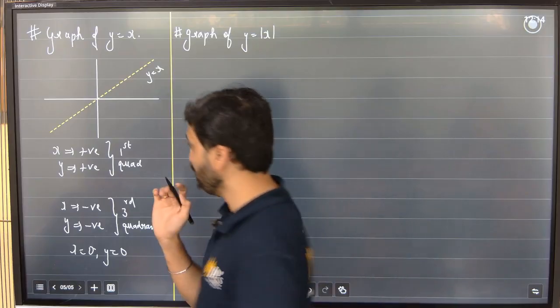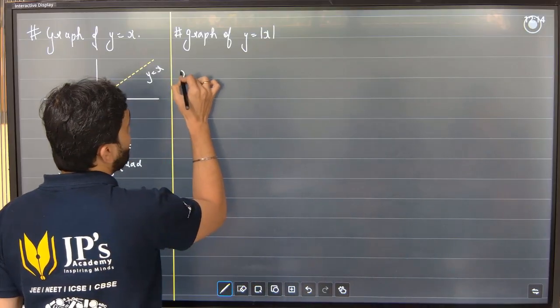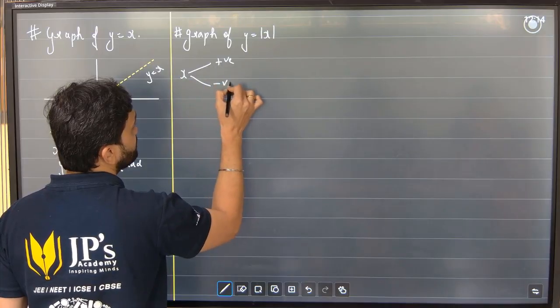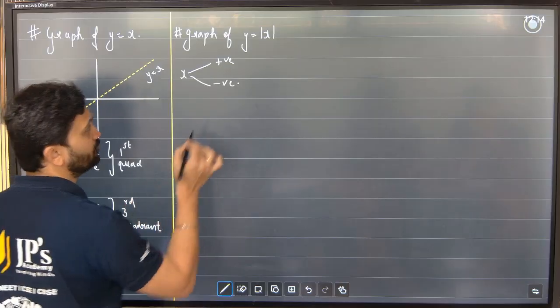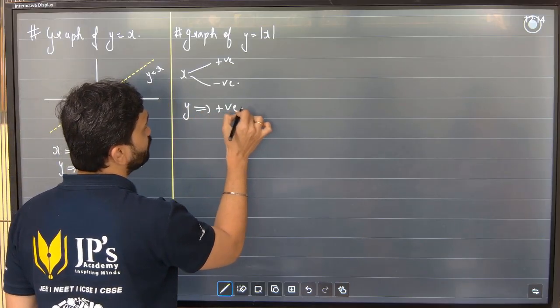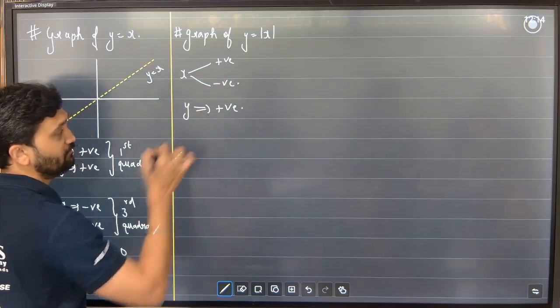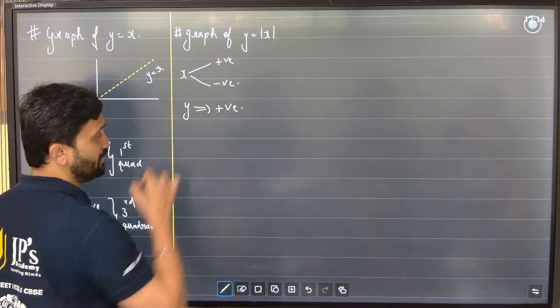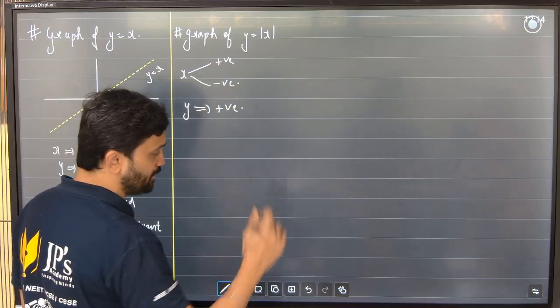Now see what I'm trying to tell you. I have the luxury of taking x as positive or x as negative, but y will always be positive. So x will be positive, y will be positive, first quadrant. x will be negative, y will be positive, second quadrant.